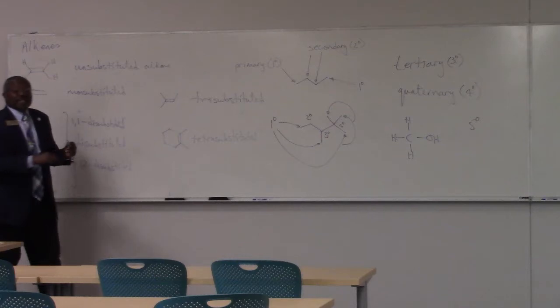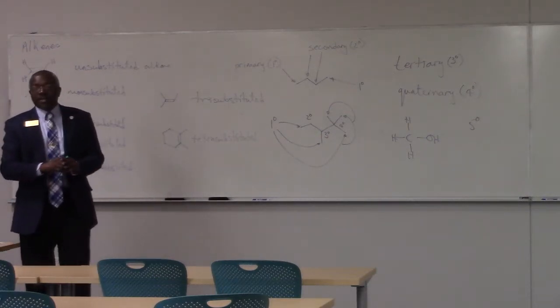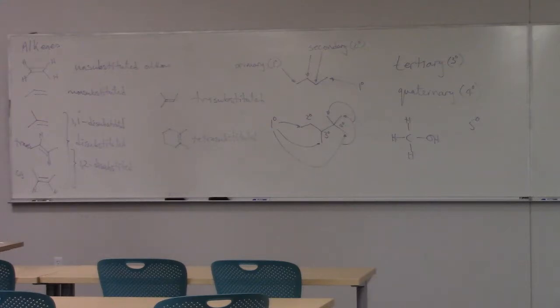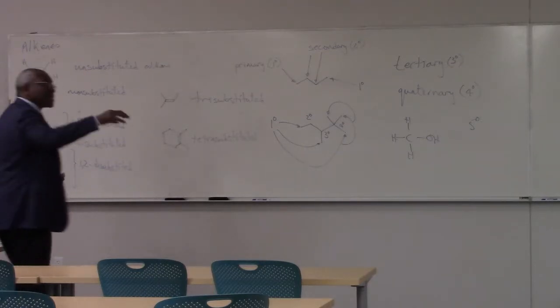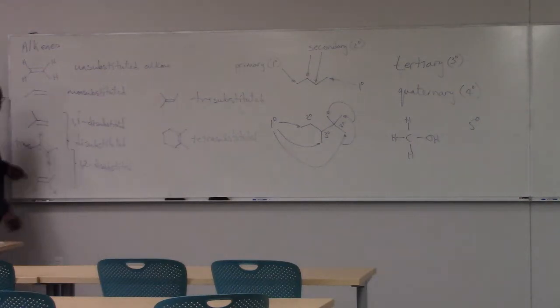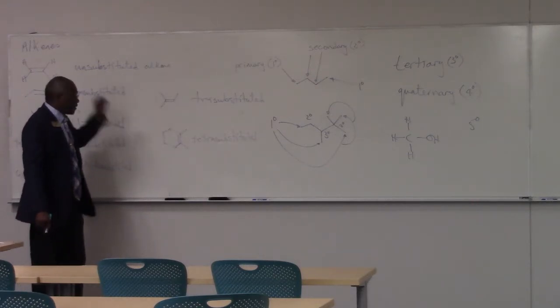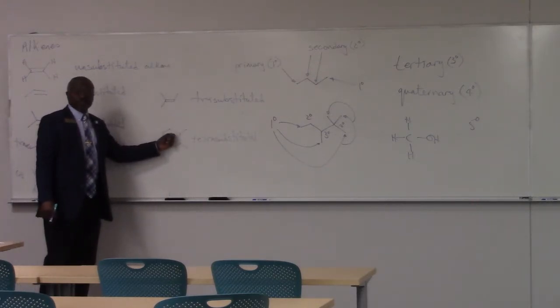So I can subclassify alkenes into whether or not they are unsubstituted, mono, di, and di comes in several flavors. There is the 1,1 di, where the two alkyl groups are on the same carbon, and then there's a 1,2 di, where they're on adjacent carbons. And they can be subclassified as either trans or cis. We'll talk about this some more. They can be tri-substituted, or they can be tetra-substituted.